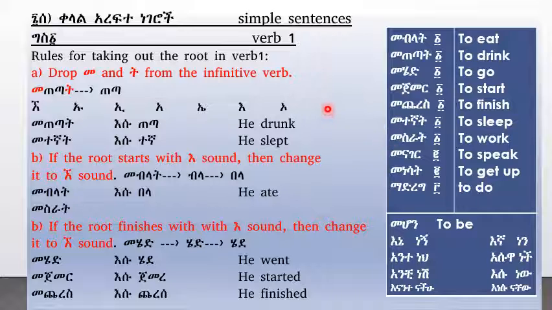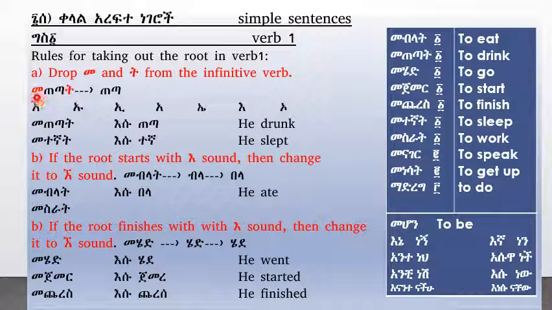Okay, now coming to group 1: መብላት, መጠጣት, መሄድ, መጀመር, መጨረስ, መተኛት. This is the rule. These are the rules for verb group 1. They look difficult but they are not. The first rule for almost all of them: drop ma and t.